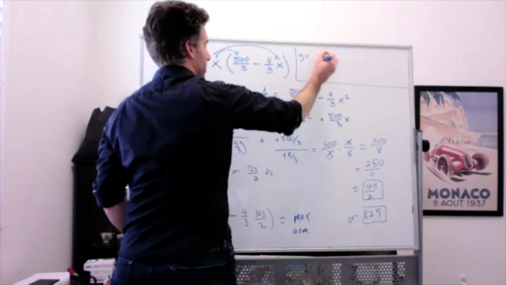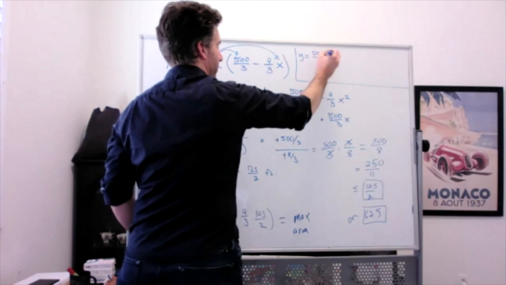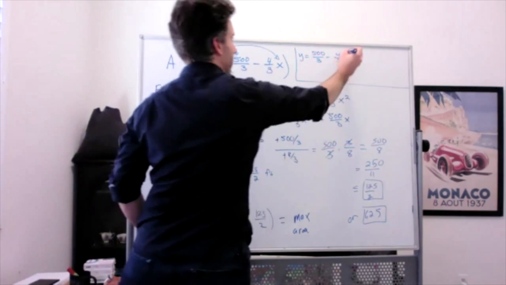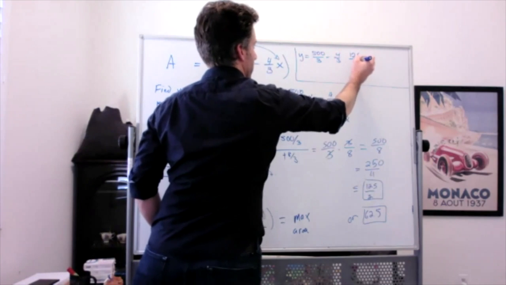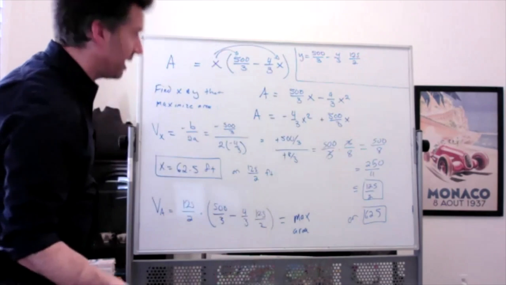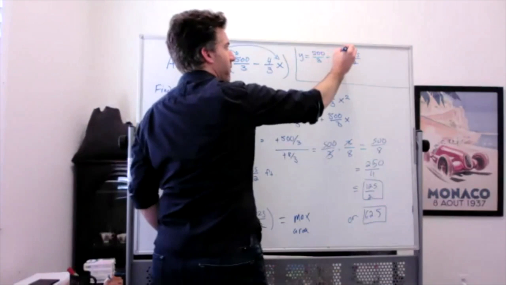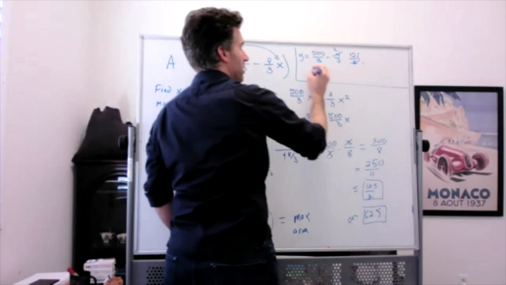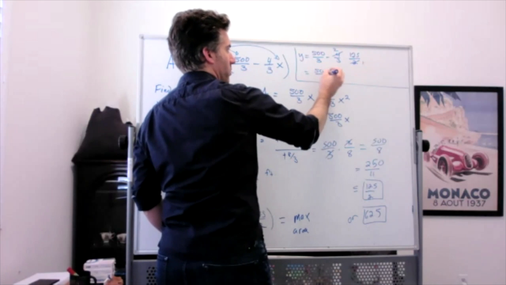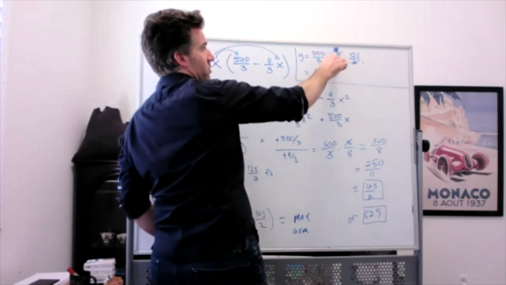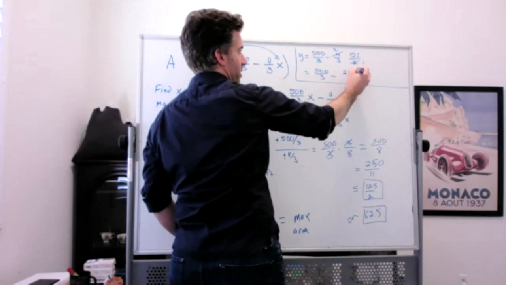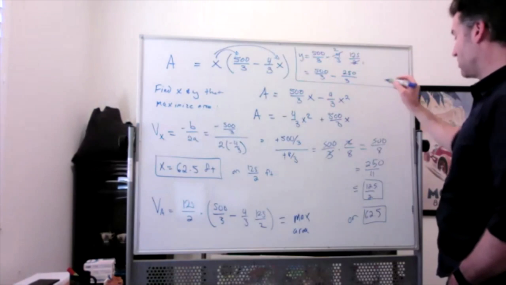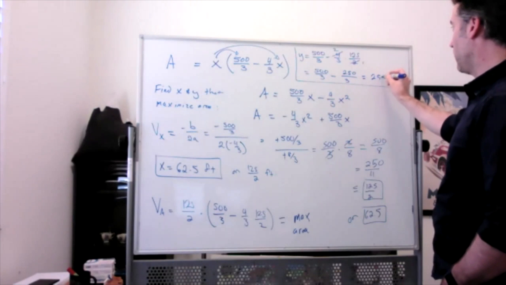So y is going to be 500 thirds minus 4 thirds times 125 over 2. Let's see, we can cancel a little bit. We can cancel a 2 here and a 2 here to get 500 thirds minus 2 times 125, which is 250, over 3 times 1, which is 3. So 500 thirds minus 250 thirds is 250 thirds.